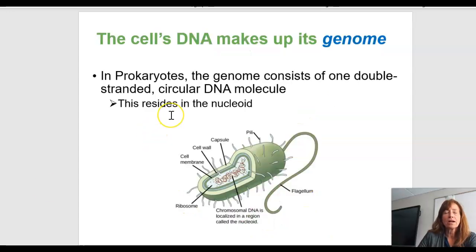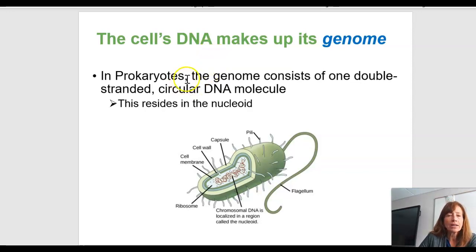When we talk about cell reproduction, the most important thing is to take a look at this thing we're calling the genome. So this DNA is what makes up the genome. Remember that DNA, or deoxyribonucleic acid, is found in our cells as a double helix, and it's found in the nucleus.